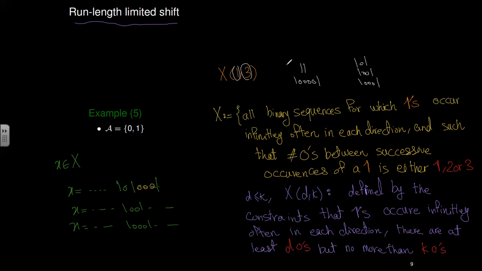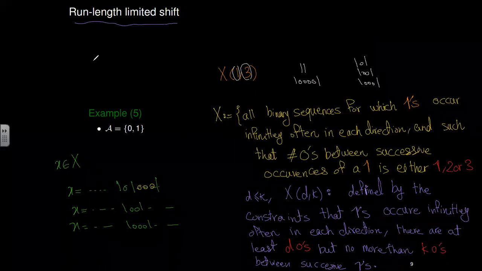Okay, so it is the one notation. In the previous example, the golden mean shift, we can denote it by the number of zeros. I leave it as an exercise to check that.